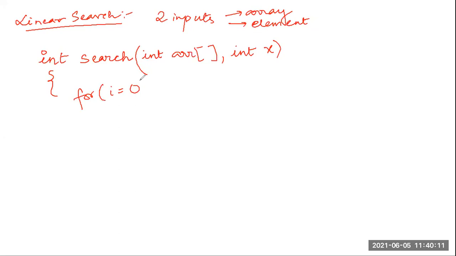I am writing the logic part, the algorithm part, which we need to implement in C. So our i runs for array dot length, right? i is less than or equal to array dot length, and in the process it is i plus plus. So this is the loop which will help me to traverse my array, that is, go through the array.